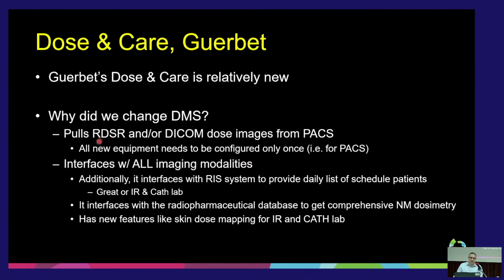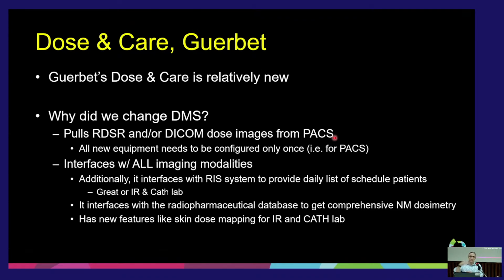As I mentioned, Gurbei pulls all of our structured dose reports or the DICOM dose screen captures from PACS. For us, that's very helpful because we constantly have changing equipment in our hospital, and every time something would change and we didn't know about it, we would all of a sudden realize after a couple of weeks, couple of months, or every quarter, that we had missing data.